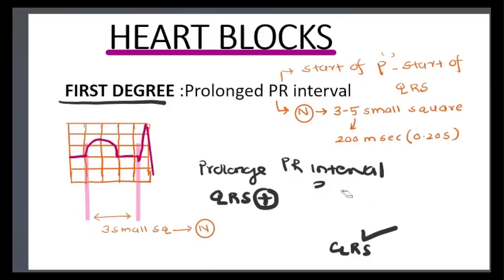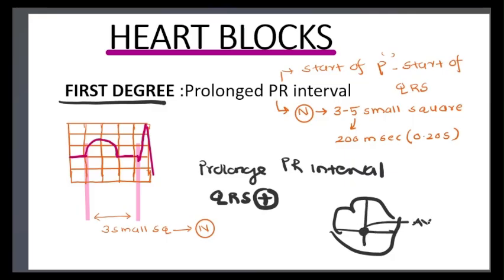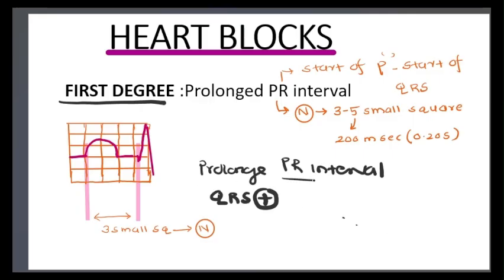It takes a lot of time for the impulse to reach the AV node. The impulse started at the SA node, but it takes a lot of time to reach the AV node. So that causes a prolonged PR interval. So it just means that there is a prolonged PR interval and there is no missing QRS complex.